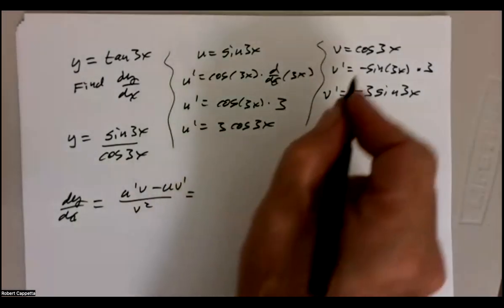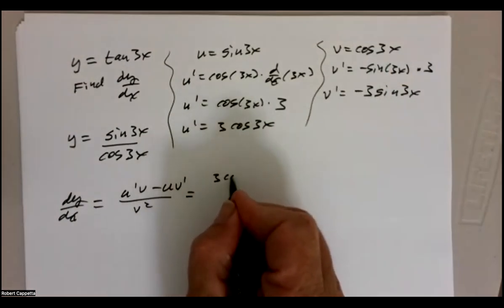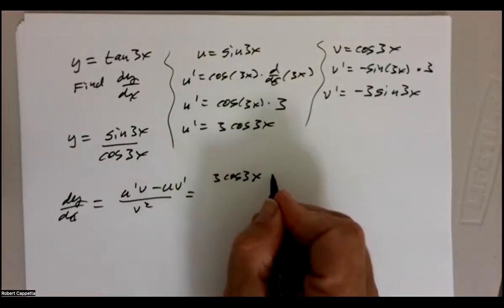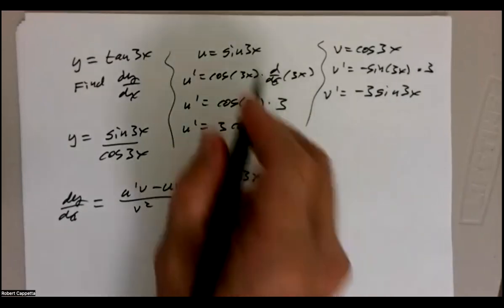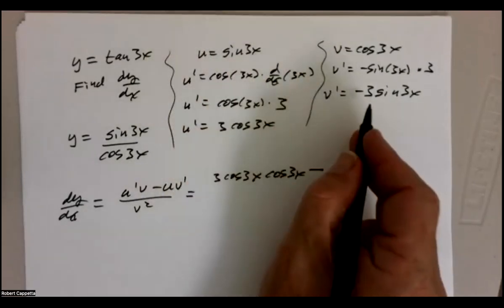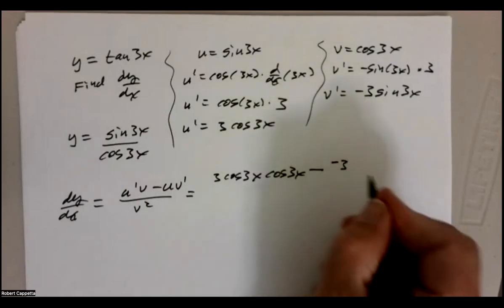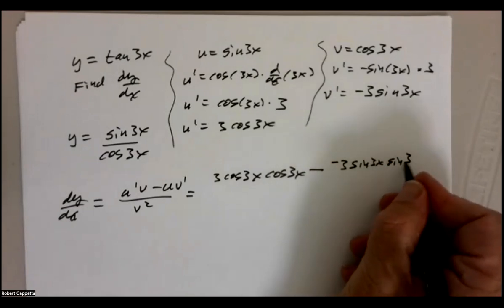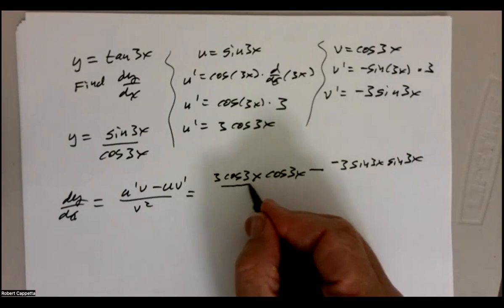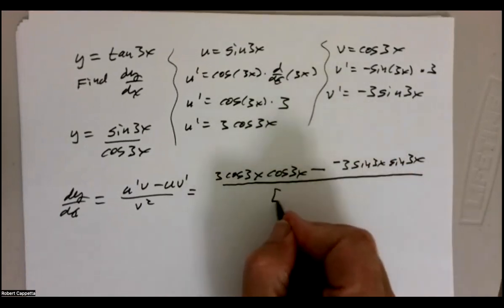U prime v: 3 cos 3x times cos 3x. Again, u prime v minus u v prime: sine 3x times negative 3 sine 3x. That's negative 3 sine 3x sine 3x, all over v squared, all over cos 3x quantity squared.